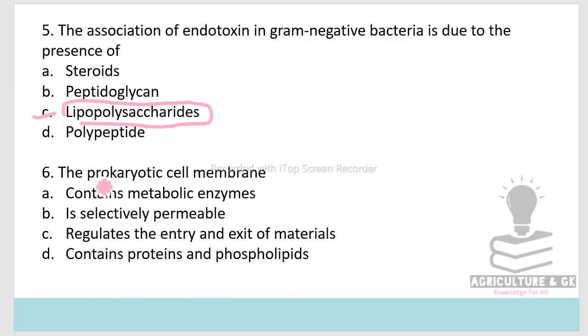Now moving next, the prokaryotic cell membrane contains metabolic enzymes, is selectively permeable, regulates the entry and exit of materials, contains protein and phospholipids. So prokaryotes are single cells, also called primitive cells, the older cells. So the prokaryotic cell membrane contains proteins and phospholipids.